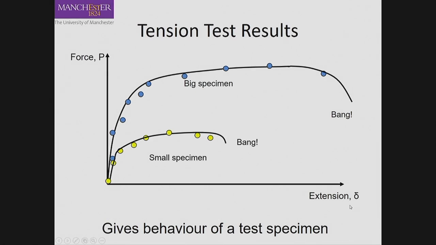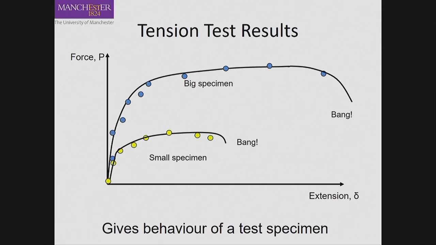If you take a small specimen, small I mean smaller diameter, not the length, say we tested 12 millimeter, if you take 6 millimeter diameter, that will of course carry less load before it fractures. So you could get behavior like that. Now, that doesn't really say things about the intrinsic property of the material.